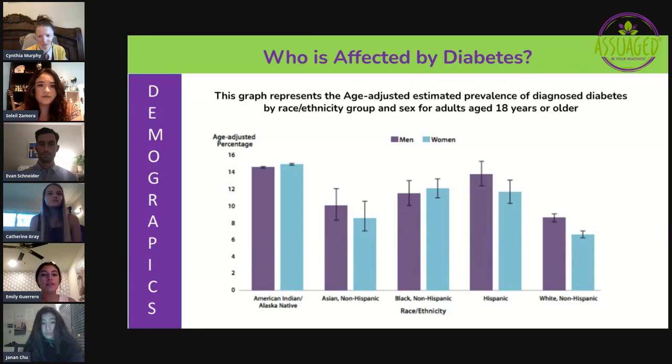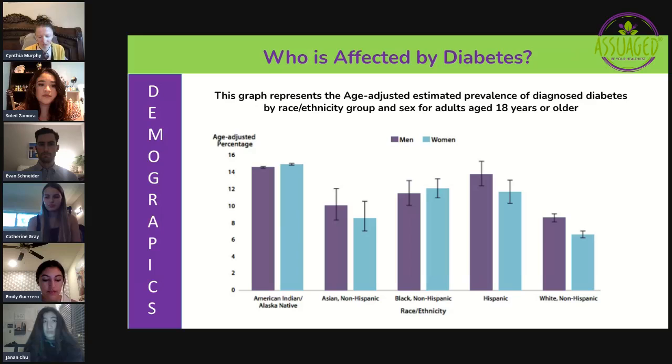Okay, so here are some demographics of who is affected by diabetes. This graph represents the age-adjusted estimated prevalence of diagnosed diabetes by race, ethnicity group, and sex for adults age 18 years or older.